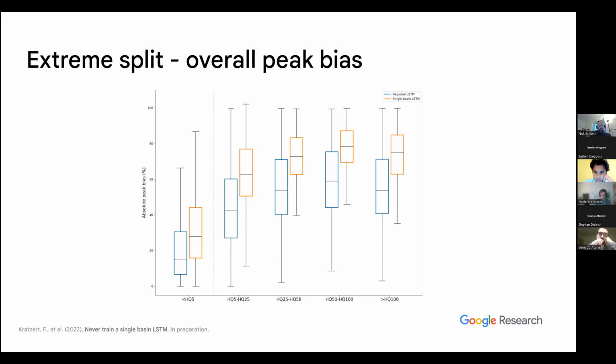And I'd say 98% of our basins have absolute maximum peaks below 100 millimeters per day. Then we have one basin with a peak above 400, a single time step above 400, and I think 5 between 200 and 300.